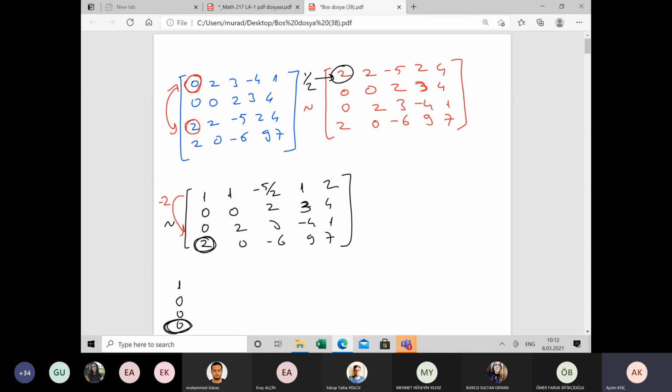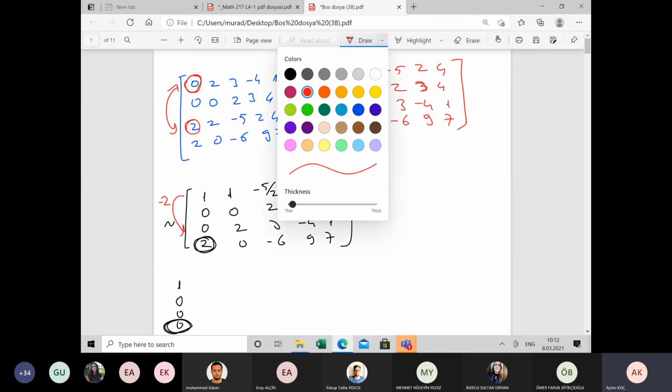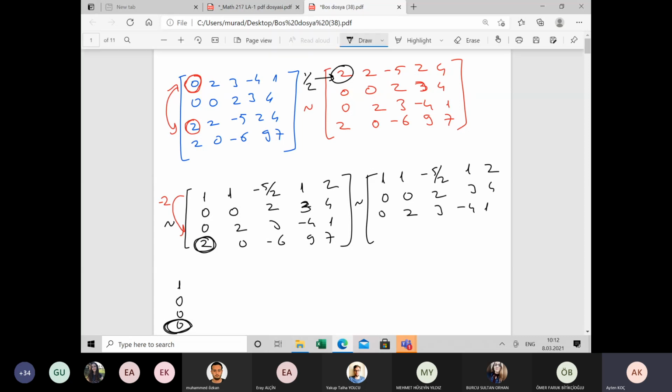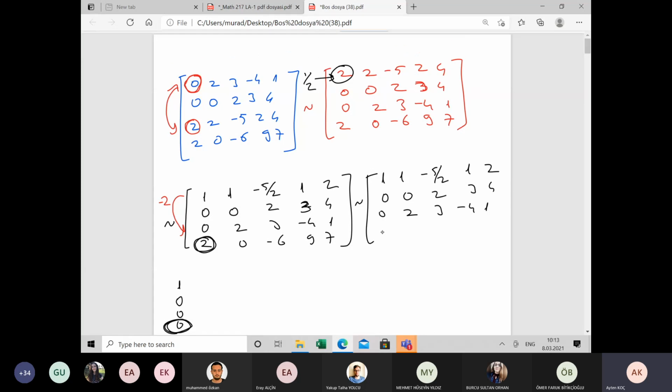And then we obtain 0, 0, 2, 3, 4, 0, 2, 3, minus 4, 1. Apply multiply by minus 2: 2 plus 2, 0, and minus 1, minus 2, minus 1.